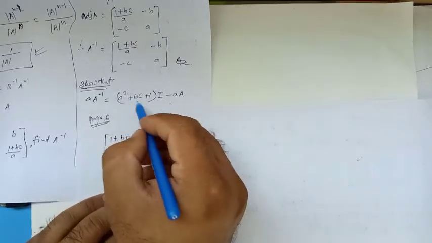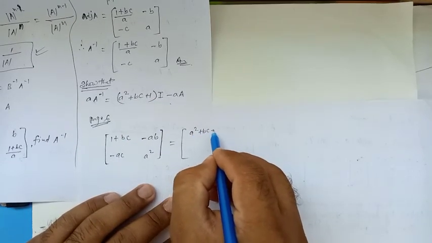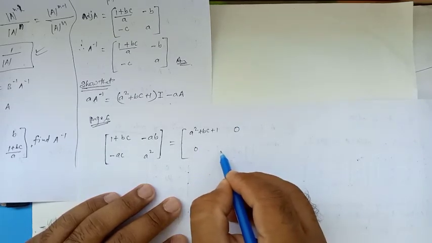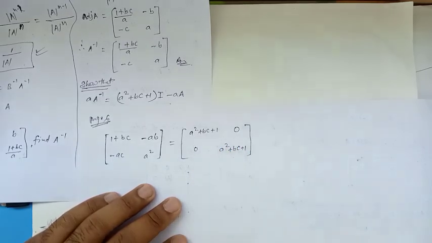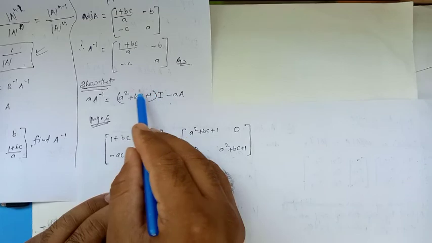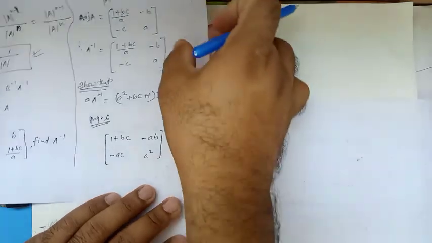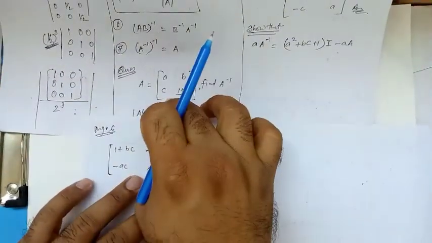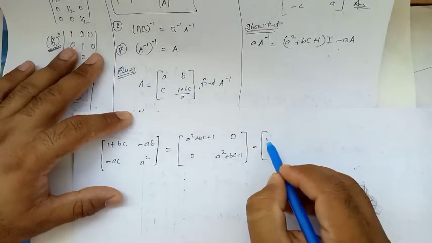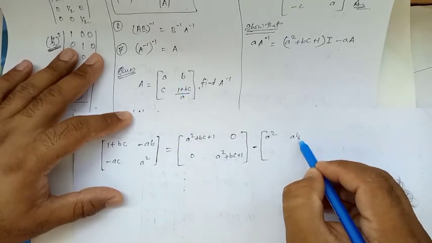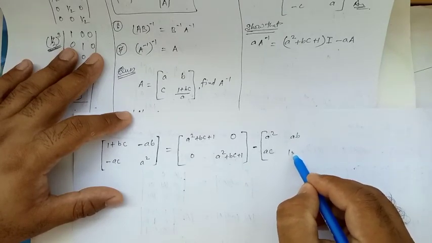And after that, A square plus BC plus 1, 0, 0, A square plus BC plus 1. This is an identity matrix, so I can multiply this scalar quantity to here. So we'll get the same matrix as this one, minus A into A. This is matrix A. If I multiply this one, what I will get is A square here, AB here, this is AC, and here I'll get 1 plus BC.